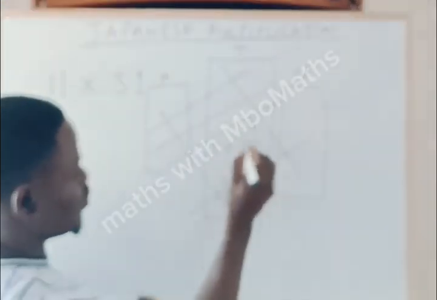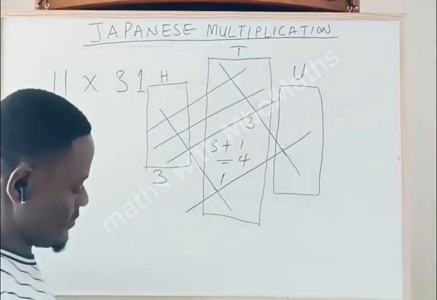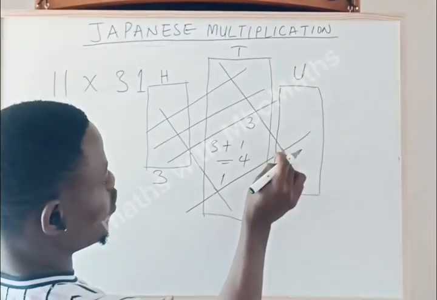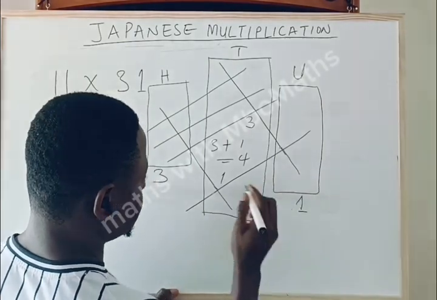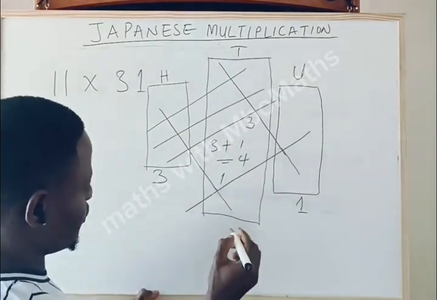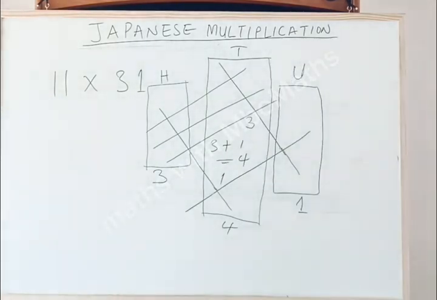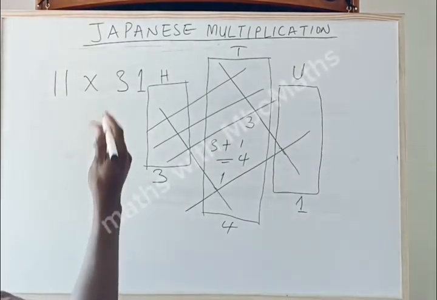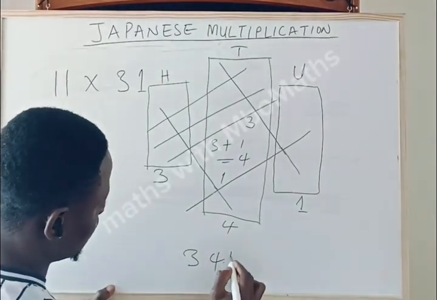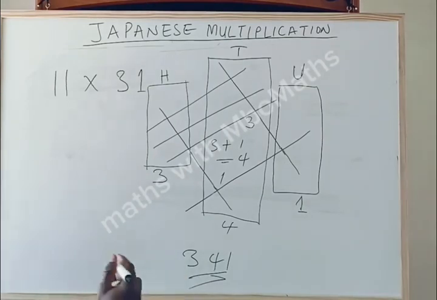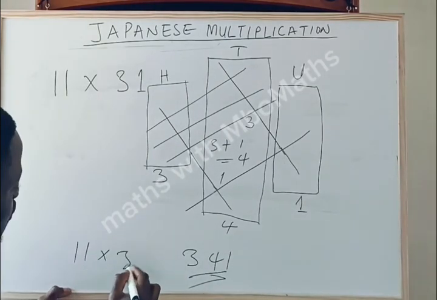You add them. 3 plus 1 gives us 4 here. In the units, we have only one intersection, which is this point. So remember, here is 4. You write the 4 out. So it means that your answer is now 3, 4, 1. And this is what 11 times 31 will give you.